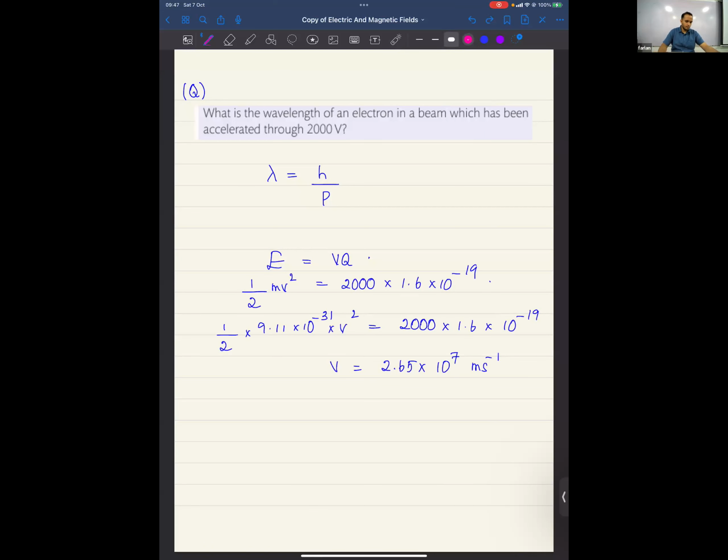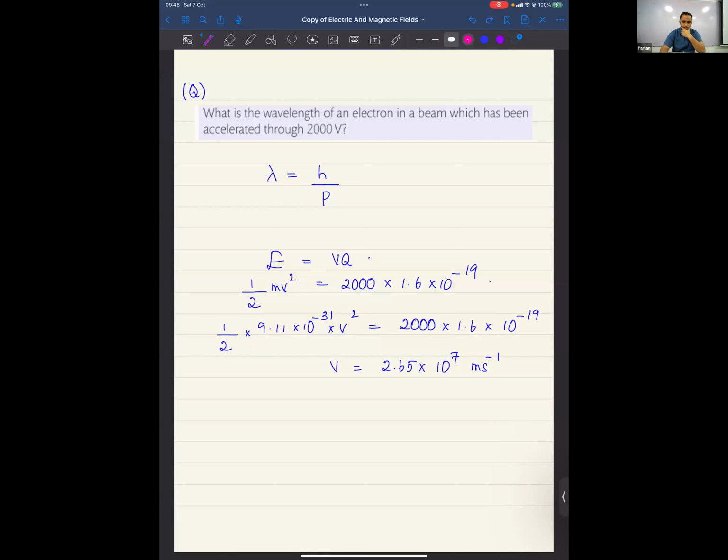Half mv square, the kinetic energy gained, will be equal to the work done by the electric field, which is V into Q. So the v is 2.65 into 10 to the power 7. Correct? Right. It's 2.65 into 10 to the power 7.